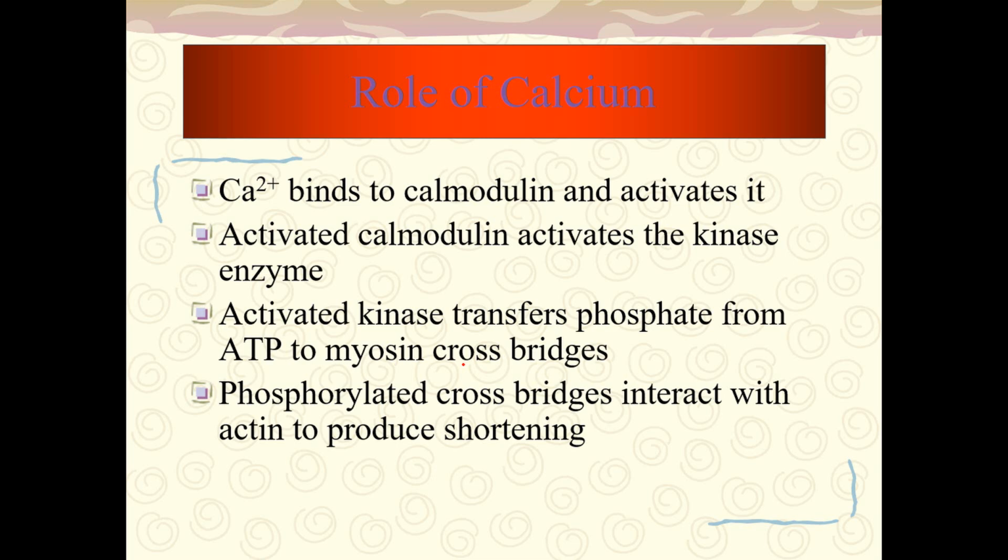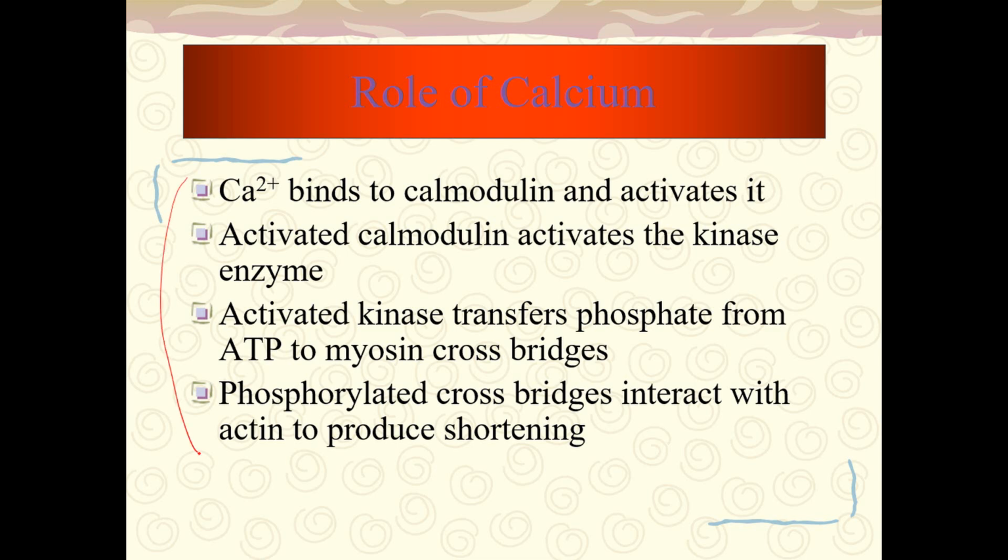In skeletal muscle, the head of myosin was already activated, waiting to bind to the active site of actin. And skeletal muscle just blocks that active site, and then we have to move it. In smooth muscle, that active site is already exposed. It's just that myosin crossbridge isn't in the correct configuration. So then that becomes what the focus has to be on. And this is the process.